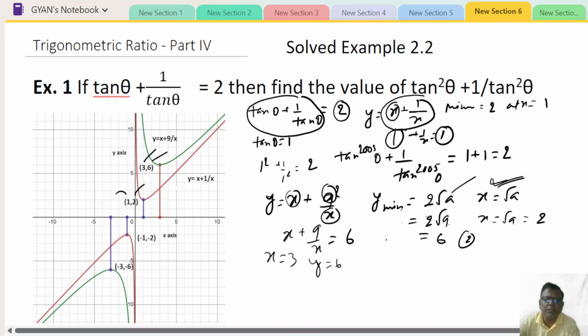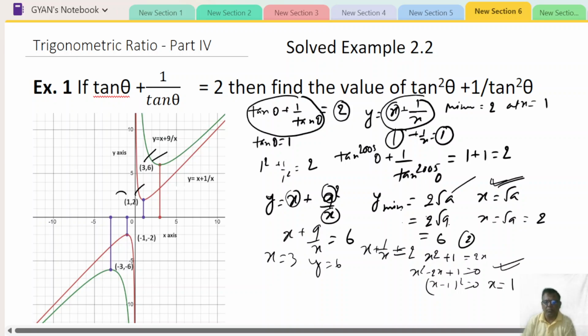You can also solve it by the algebraic method. x plus 1 by x is equal to 2, so x square plus 1 is equal to 2x, then x square minus 2x plus 1 is equal to 0. That means x minus 1 whole square is equal to 0, so x is equal to 1.